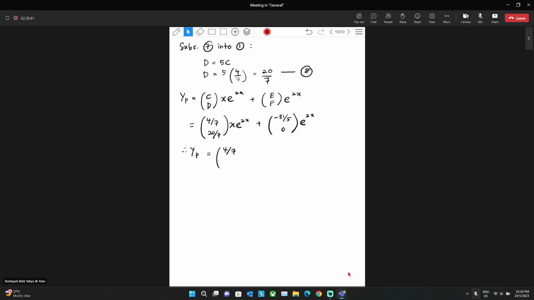We have exponential 2x, so we can factorize all of these two with exponential 2x, and then we have 4/7x minus 31/5, and then for the bottom part 20/7x.